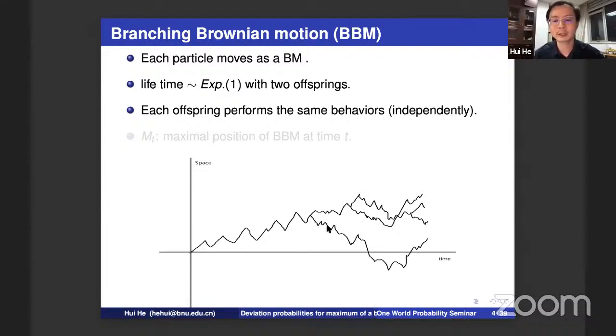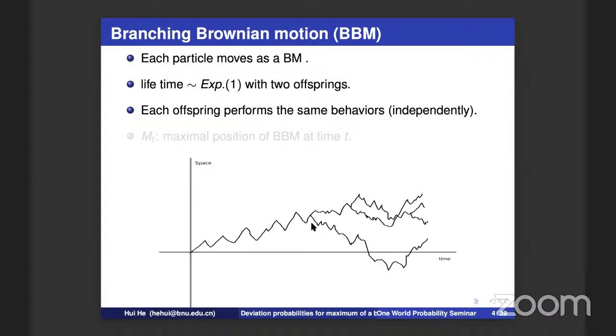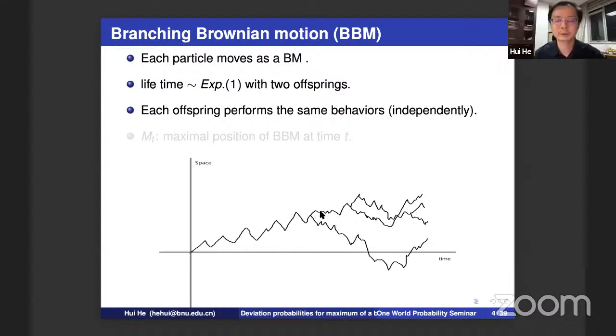So for example, this particle moves as a Brownian motion and is quite lucky, it has a longer lifetime. And the lifetime of this particle is quite short. Okay, then it dies out again here, and then 2 offsprings are left, and each of them still moves as a Brownian motion.